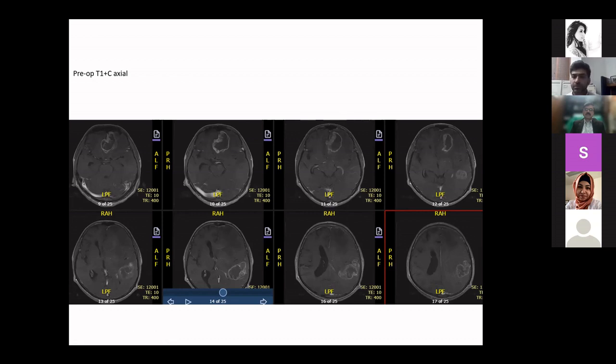And we also see that there is some involvement of the corpus callosum as well. So it is crossing the midline. So it's behaving like a gliomatosis cerebri involving at least 2 consecutive lobes. So it appears to be very aggressive. It can be a single tumor only, showing multicentric enhancement in 2 different lobes, maybe intercommunicating at a micro level. Right.